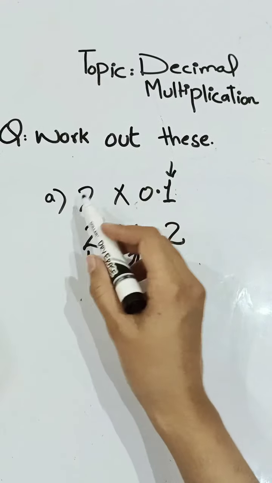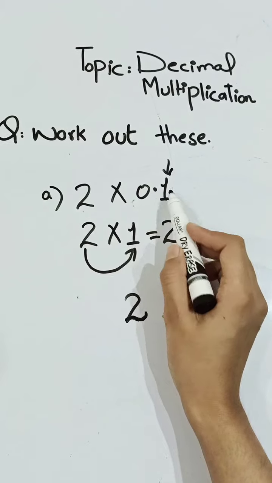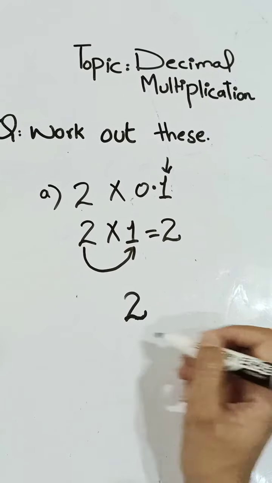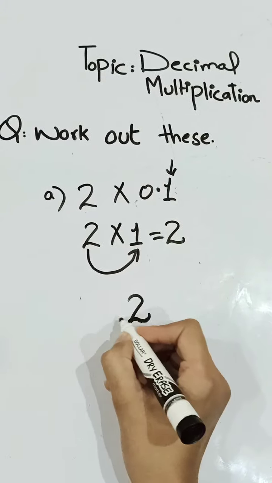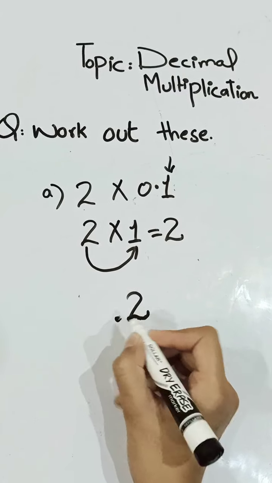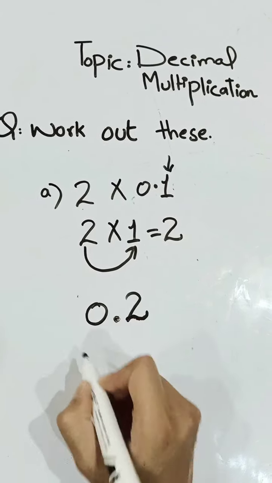So we have just one number after the decimal, so from right to left you put the decimal there, in this way.